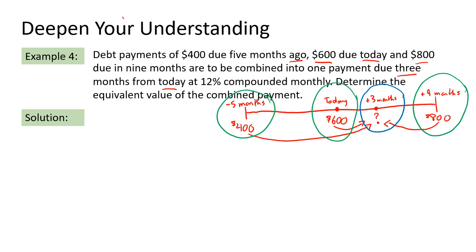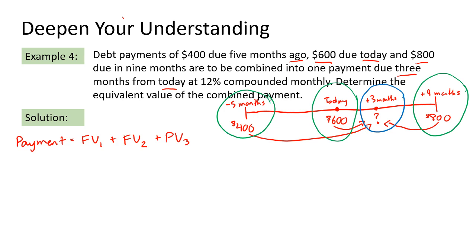So our total payment is equal to our future value calculation for payment number 1, plus our future value calculation for payment number 2, the $600, plus our present value calculation for payment number 3, the $800 9 months from now. So we have three separate calculations that will all be added together to find that value 3 months from now.